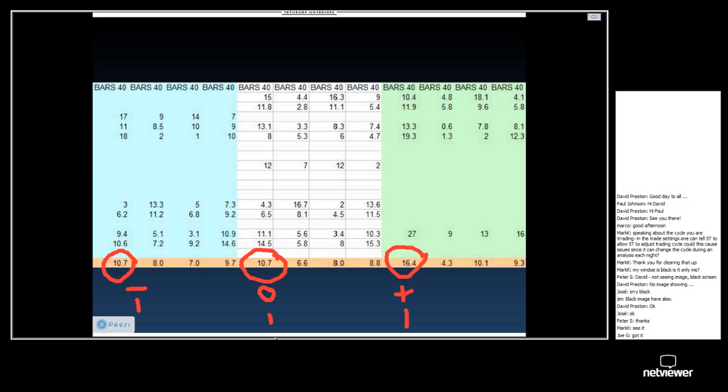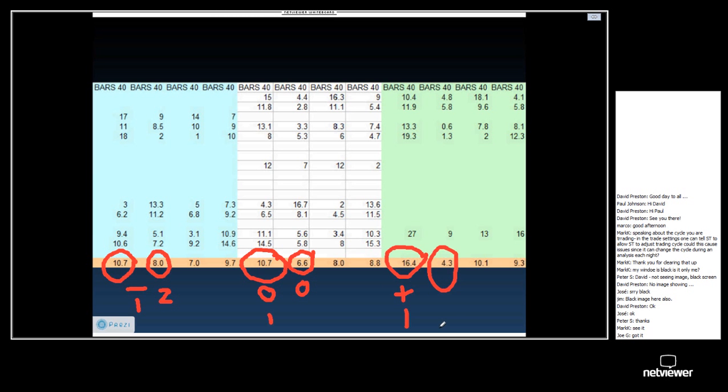Here, this 10.7 is with a neutral underlying trend, also wave 1, and 16.4 bars is the average length of the 40-day wave 1 with a positive underlying trend. Therefore, when you have a positive underlying trend and you're trading the 40-day cycle, you know that you have a positive underlying trend because of your phasing analysis, and you're able to say, how many bars do I expect this wave to be? Well, on average, you expect it to be 16.4 bars. Remember, that's an average figure.